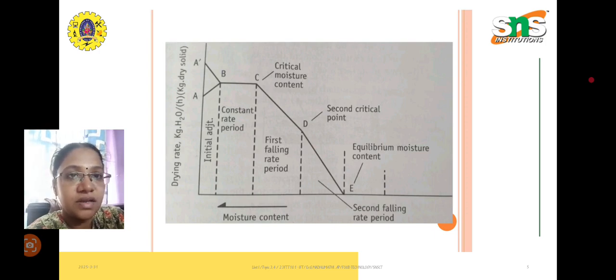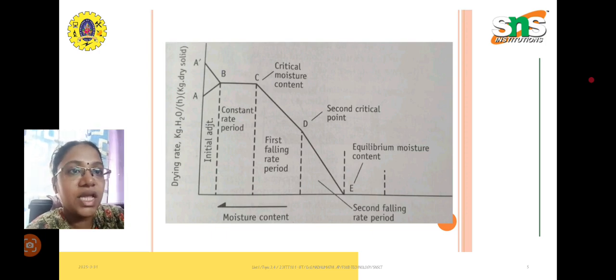So once the drying process starts, initially there will be a constant rate period, where up to a level of percentage moisture removal, there will be a first falling rate period. And then there will be a second falling rate period, where the material has been dried completely to a safe level.